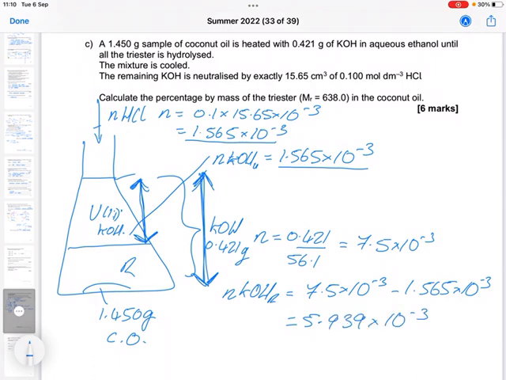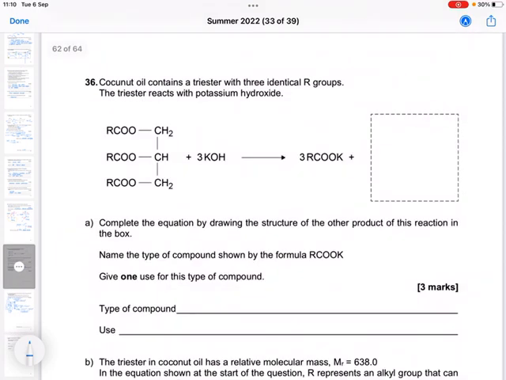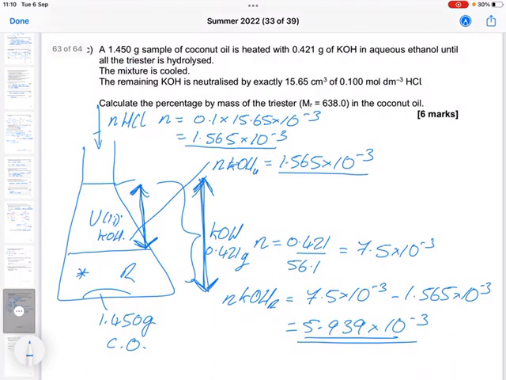So this is this bit here. That's the number of moles of potassium hydroxide that reacted with the coconut oil. But if you look here, it's a 3-to-1 ratio. So to get my number of moles of my coconut oil, which is essentially my ester, I need to divide it by 3.